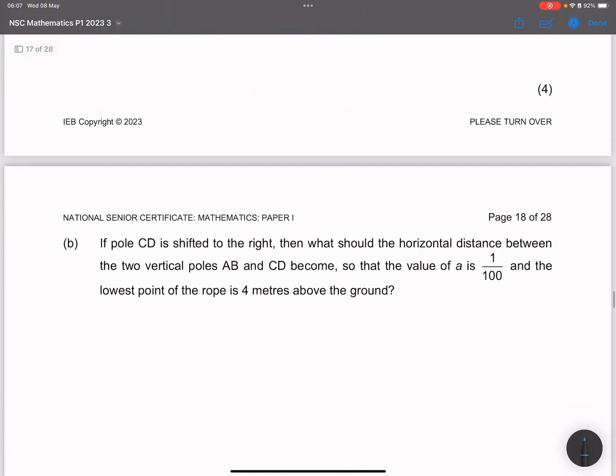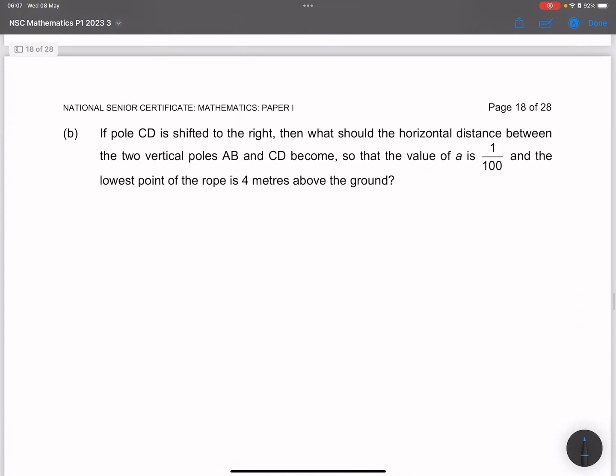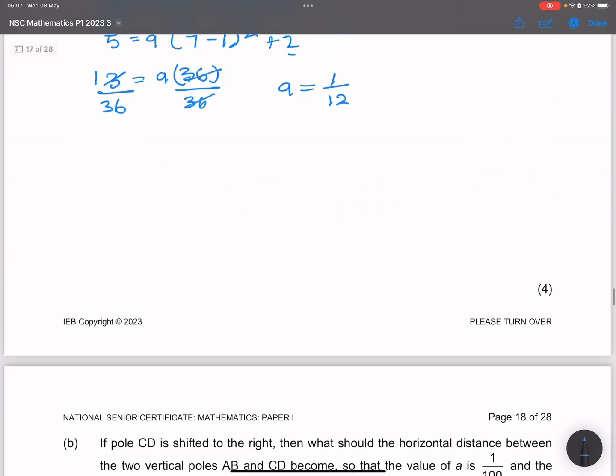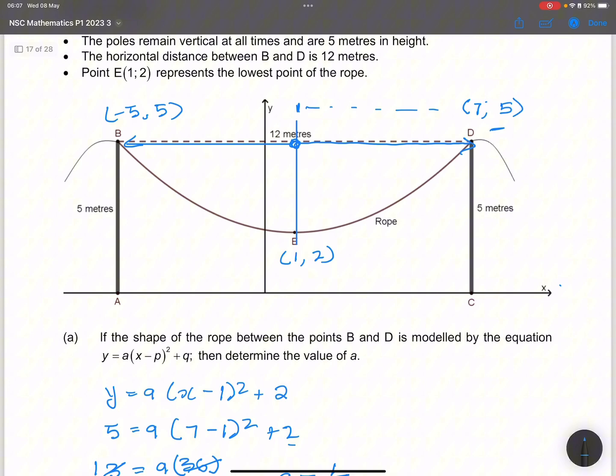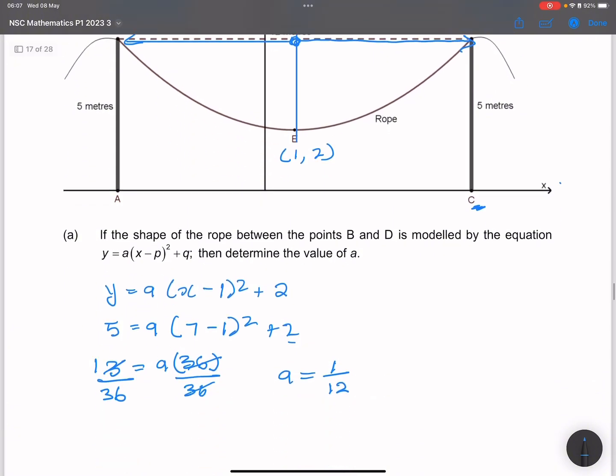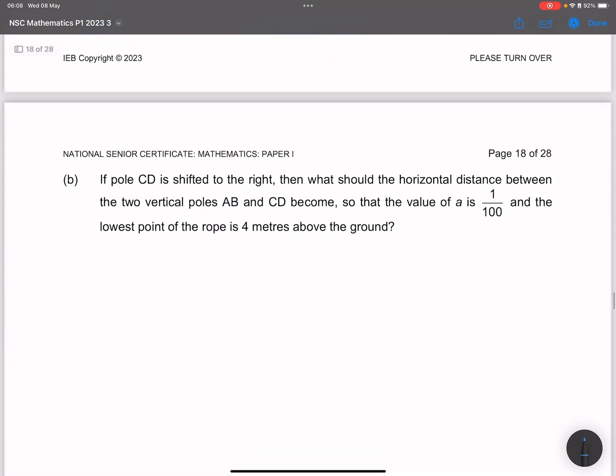Okay, so let's go on to the next question. They say if pole CD is shifted to the right. Which one is pole CD? If we shift this pole to the right, then what should the horizontal distance between the two vertical poles AB and CD become so that the value of a is 1 over 100 and the lowest point on the rope is 4 meters from the ground?